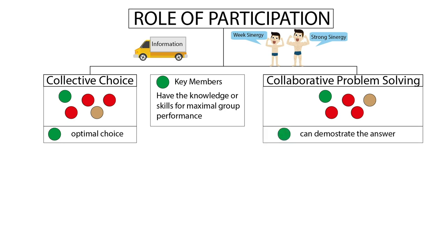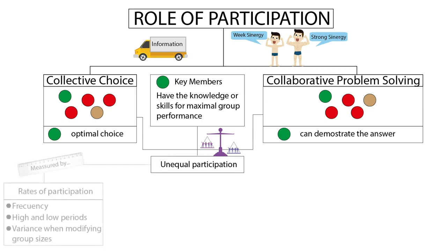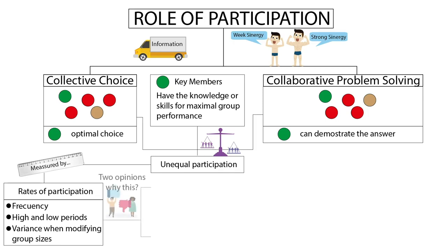Now, different outcomes will happen when unequal participation occurs. In face-to-face scenarios, participation rates have been identified to vary according to frequency of participation, high and low individual periods of participation, and the variance of participation rates when modifying group size. There are two contrasting opinions about what drives these three rates of participation.